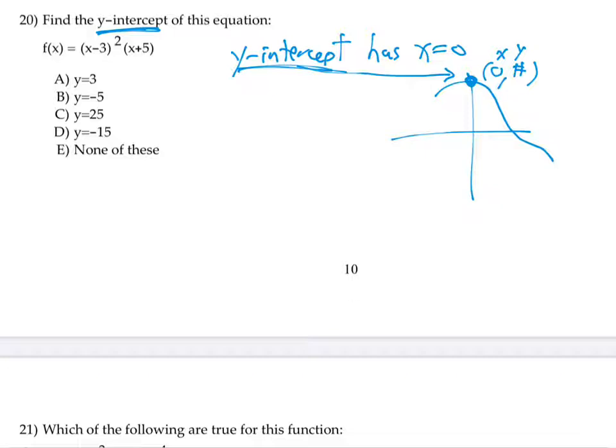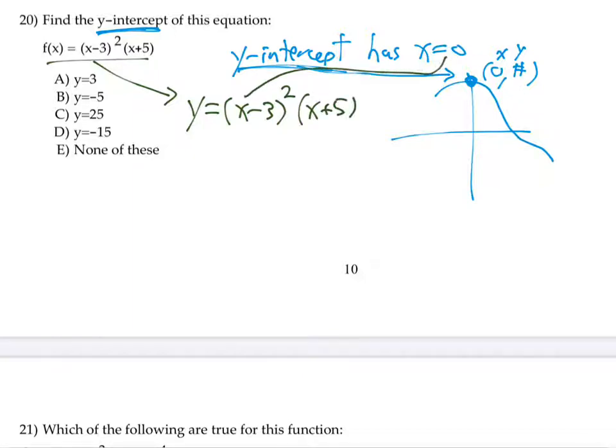So the y-intercept, x is 0. I take this function that they gave me, y equals x minus 3 squared times x plus 5, and I plug in x is 0 and solve for it. Remember, the function in the front, that's y. Plug in x is 0, because when you're at a y-intercept point, your x-coordinate is 0.